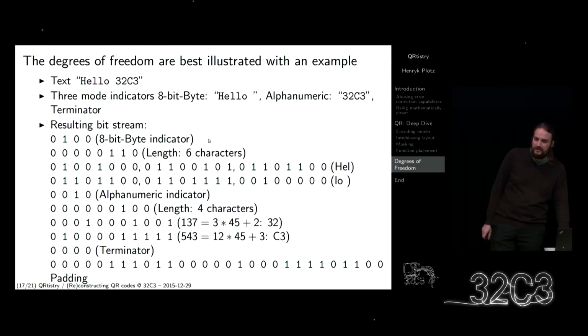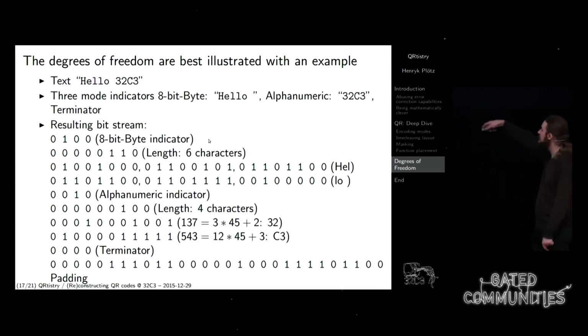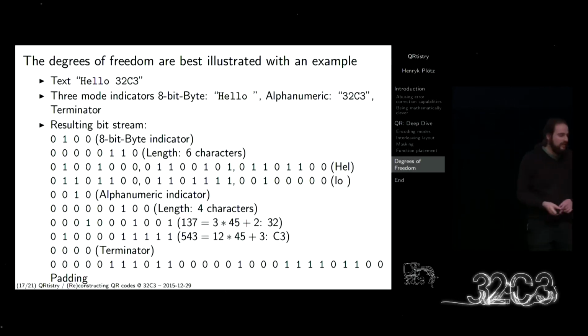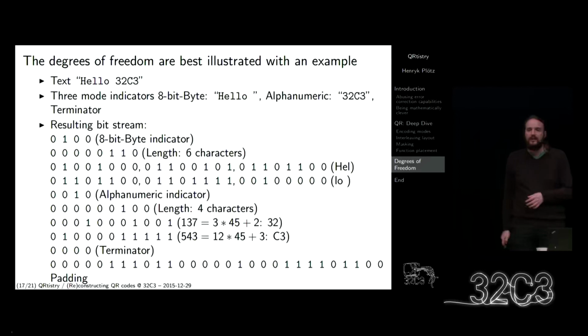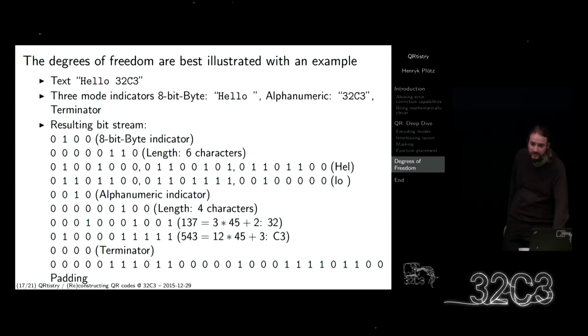This would be the resulting bit stream. You start at the top left and then just use this as a bit stream. Add padding and code into 8-bit bytes. Most often, if you look at the debug output, it will start with 64. If you look at the previous slide, that's the 8-bit byte indicator.